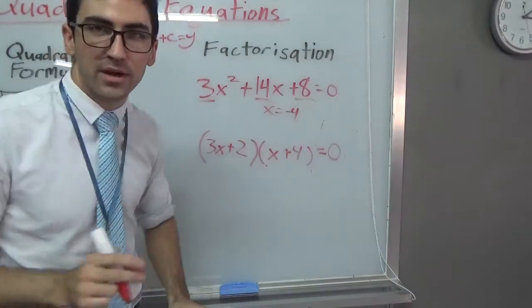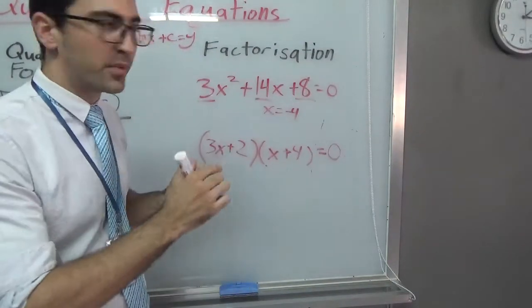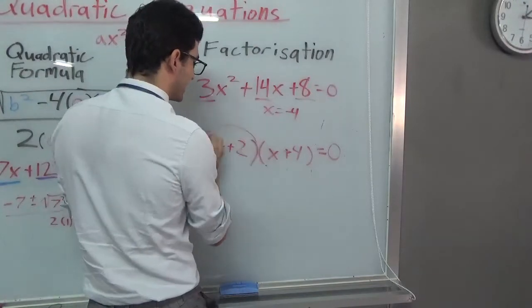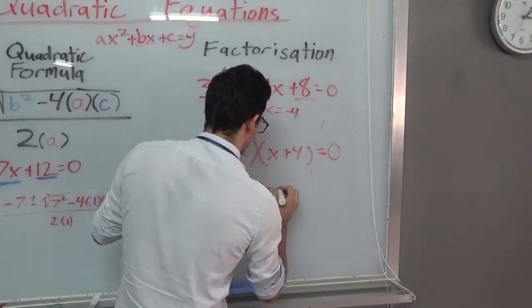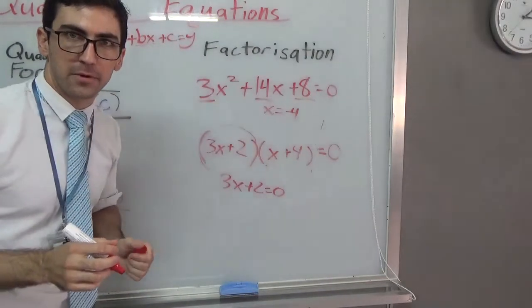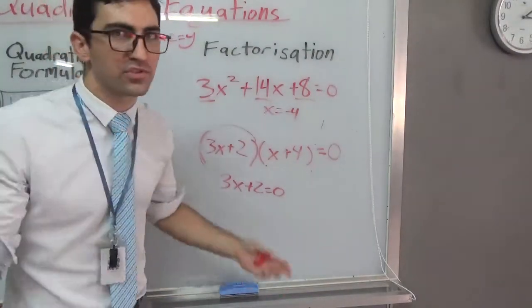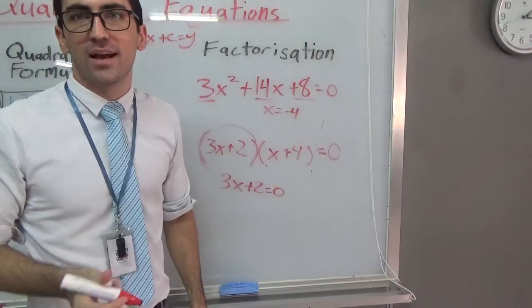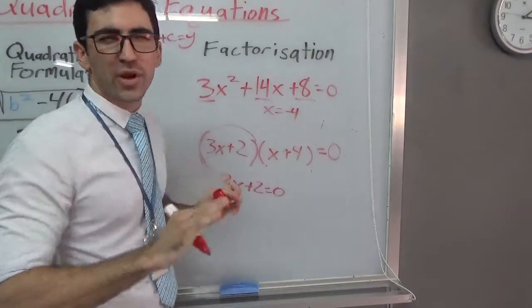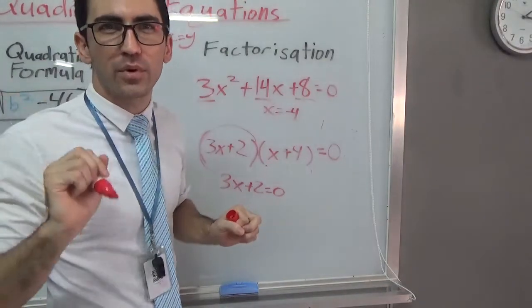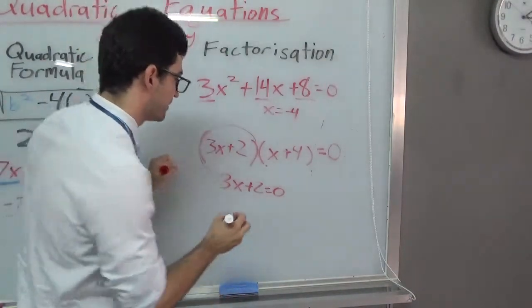Now our other correct solution, we look at the other bracket. So we want to make this become 0. We want 3x plus 2 to equal 0. And we will just solve it like it's a normal algebraic expression here. So let's subtract 2 from both sides. Remember, we're trying to get x by itself.